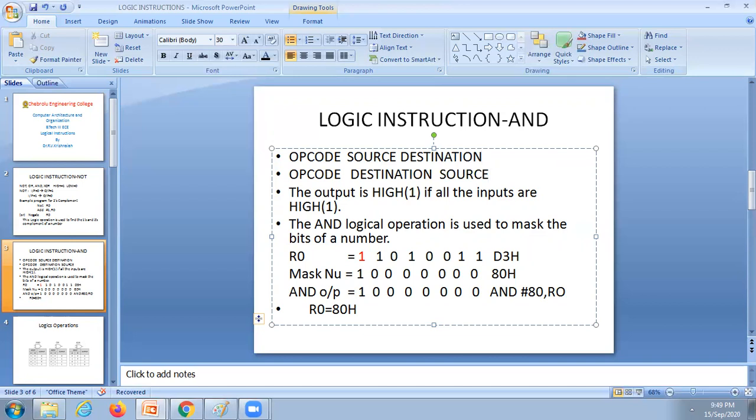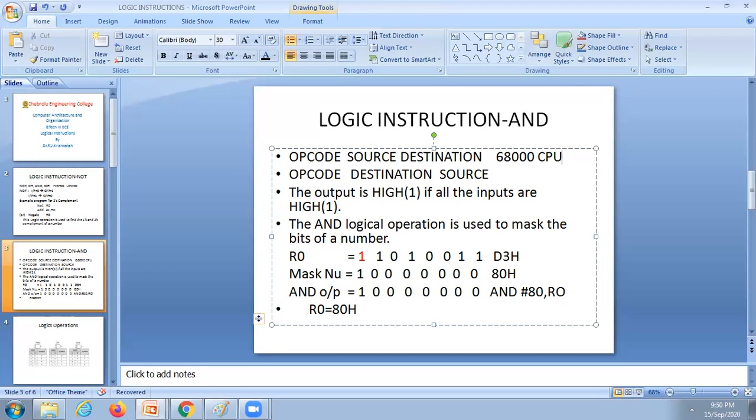Why? Because if you use the 68000 processor, there it will follow the first format. This is the 68000 processor or CPU.